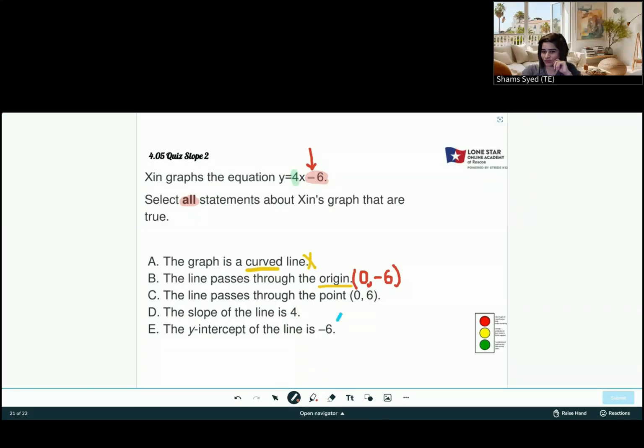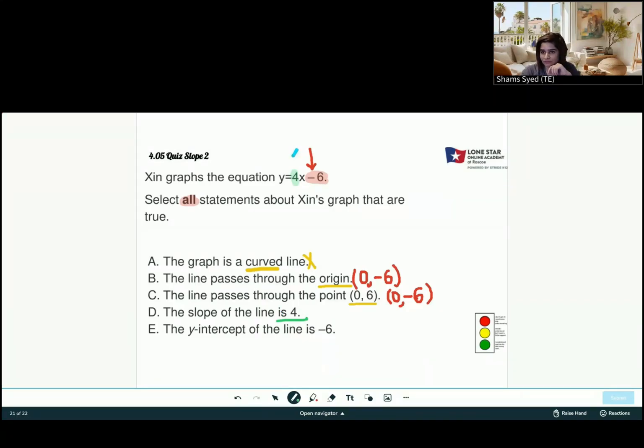Does the line pass through 0, 6? No. The line passes through negative 6, because when x is 0, the line should pass through negative 6 as the starting point. Is the slope 4?